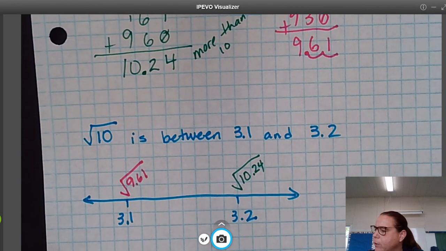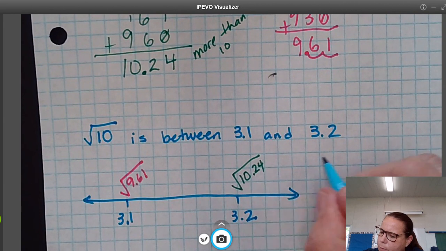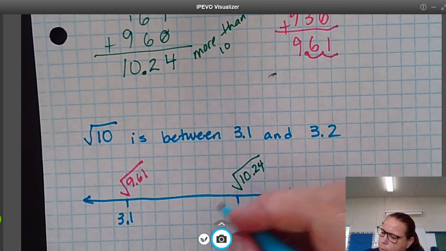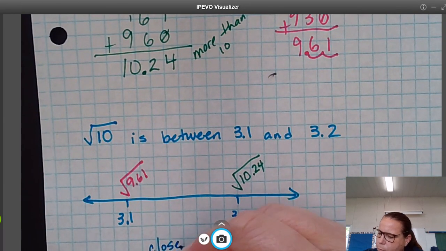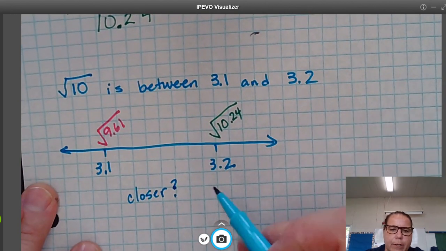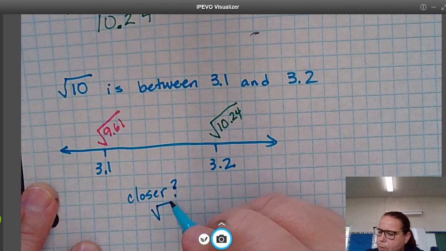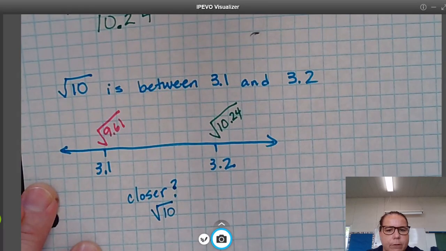So then where is the square root of 10? We want to think to ourselves, which one is it closer to? If we're going to get to the nearest 10th, we need to think which one is closer to the square root of 10?